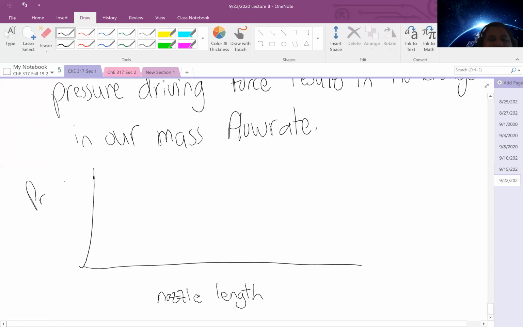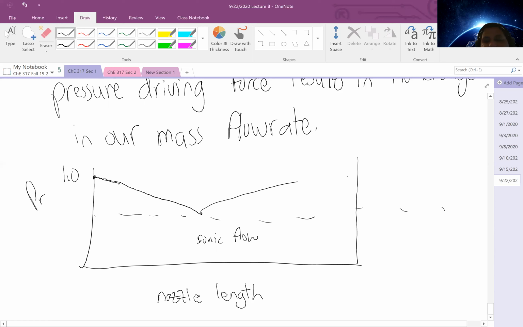And so if this is 1, you can have a system where the pressure ratio falls such that you get appreciable flow, and you get to an area of essentially sonic flow. So you can either get to a point where it just achieves sonic flow, and a point where it continues to be supersonic.